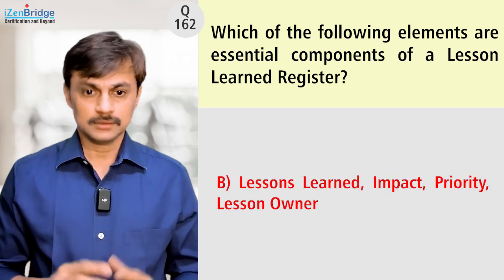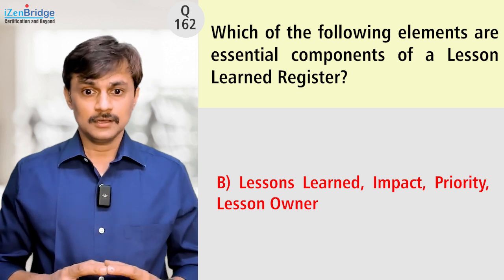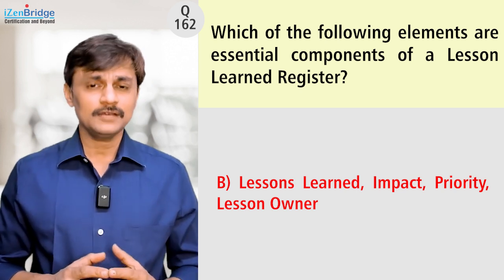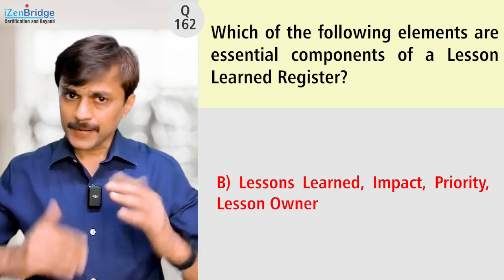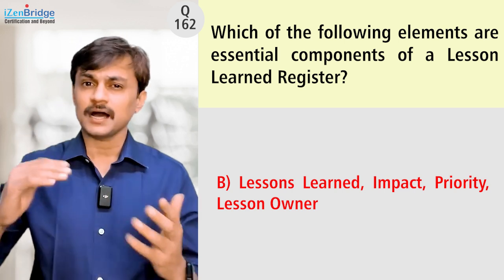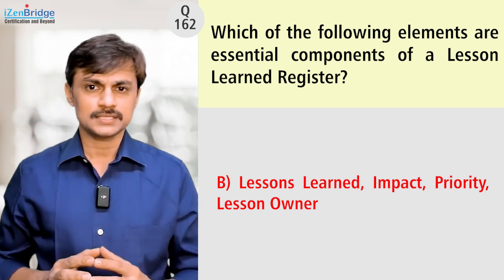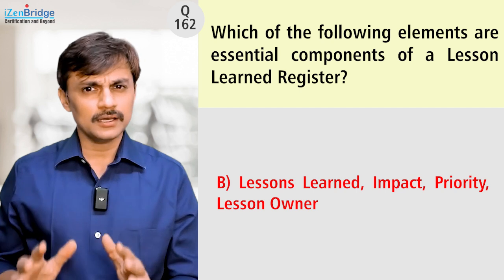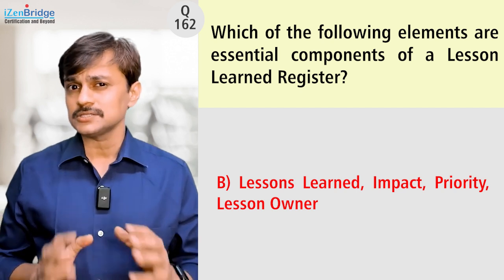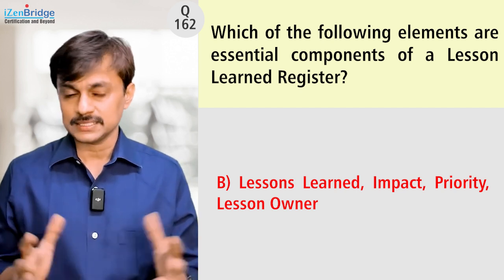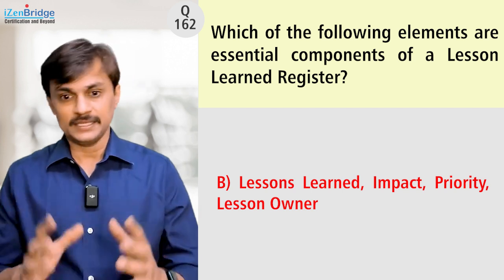Let's look at option B. Lesson learned, yes. Impact, looks good. Priority, we can have a priority of a lesson learned, some kind of ranking: a high valued lesson learned, a low valued lesson learned. Categorization is a better word. Priority is usually not associated with lesson learned, but yeah, it can be there.